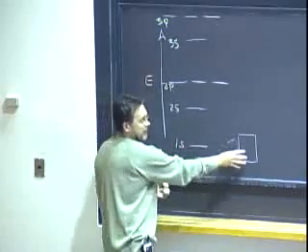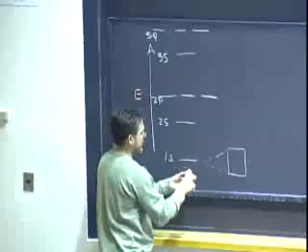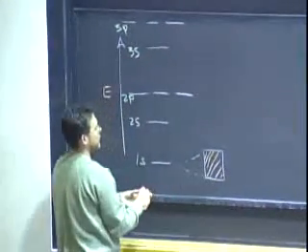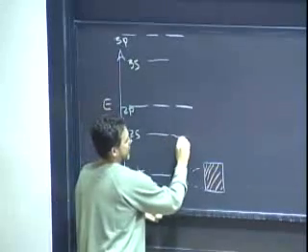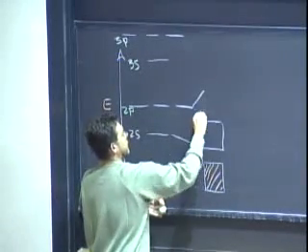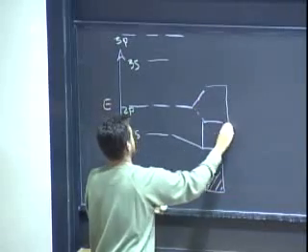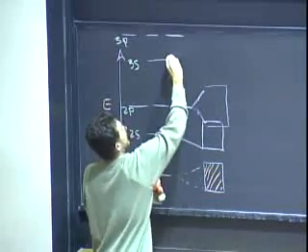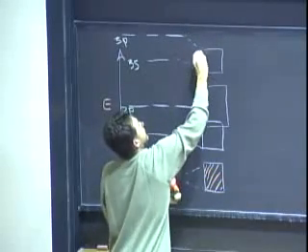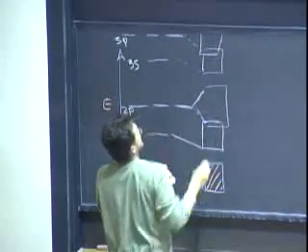And there's a band very low in energy that's derived from the 1s electrons in a metal like sodium, and it's completely full. And then there's a band from the 2s, and there's a band accordingly from the 2p. And then there will be a band from the 3s and a band from the 3p that I've run out of room to draw there.